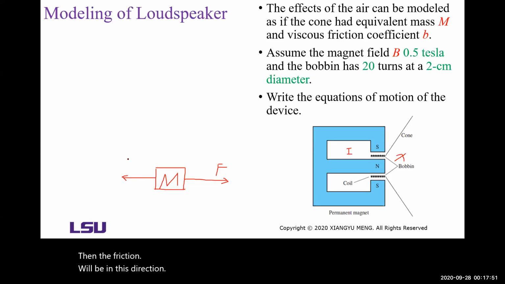The friction coefficient is B. Magnitude is B times the first derivative of x. Let's use this direction as a reference direction, and also this direction as the acceleration direction.